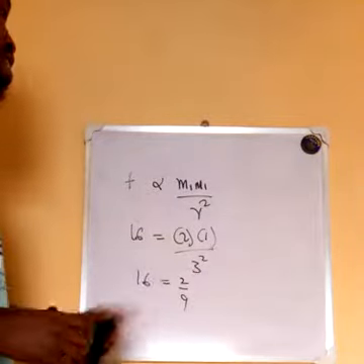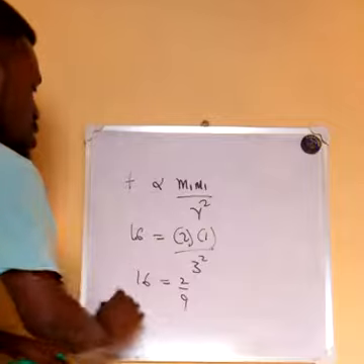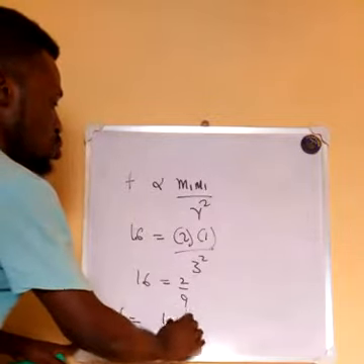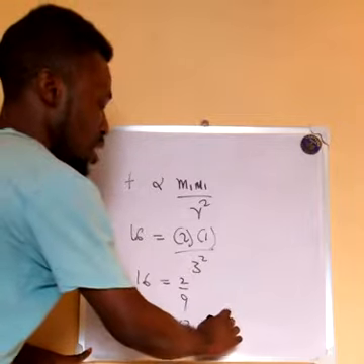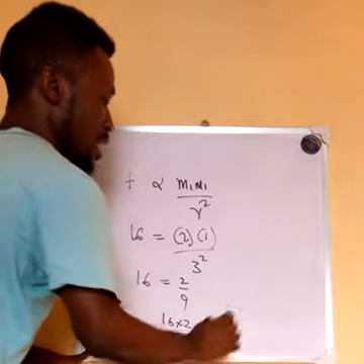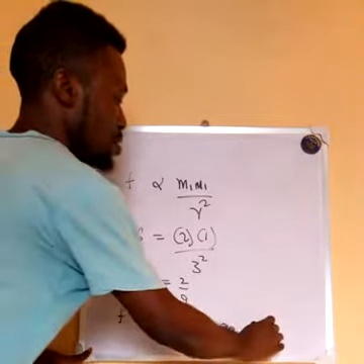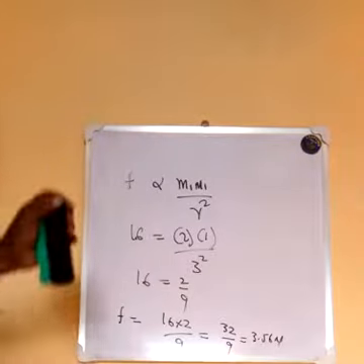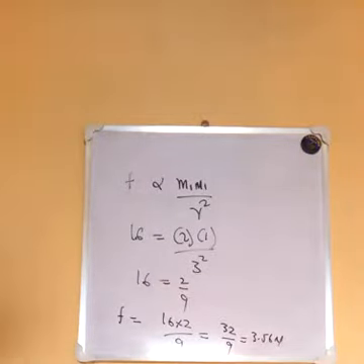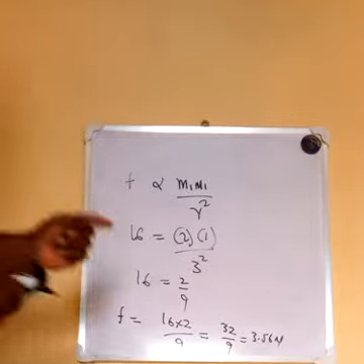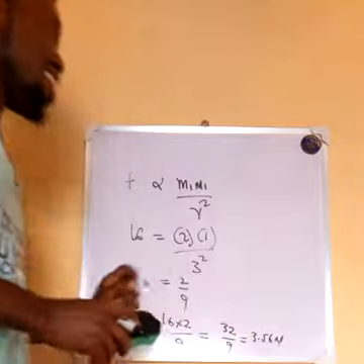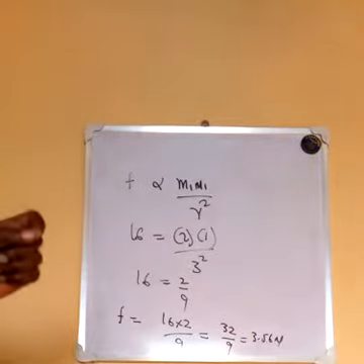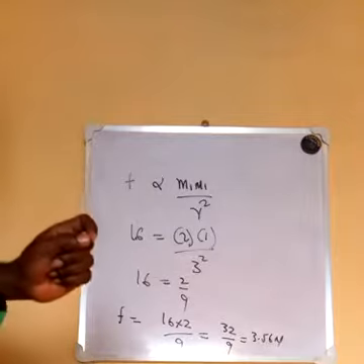You have 2 over 9. So the new force of attraction is 16 times 2 divided by 9, which is 32 divided by 9. That gives us 3.56 Newton.